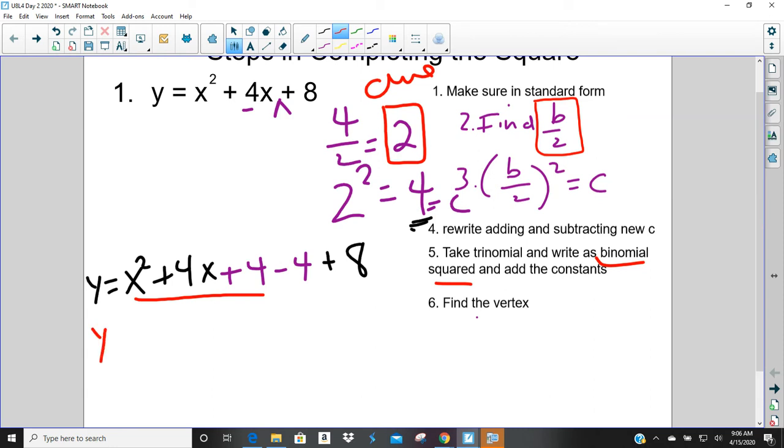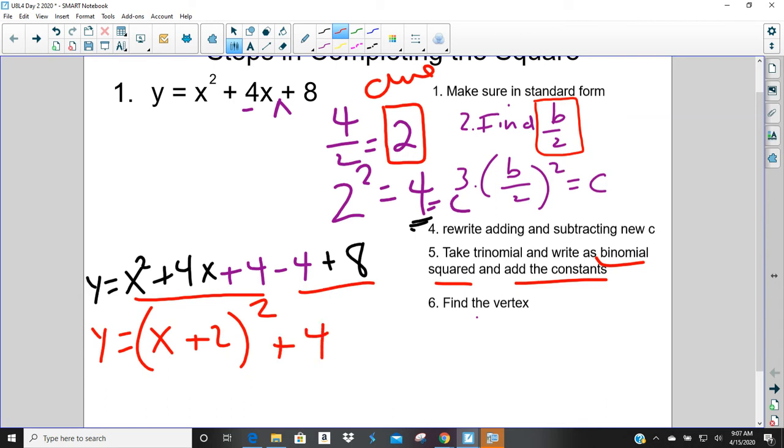I'm going to write y equals, and using my clue in red, x plus 2. I didn't even have to think. I went right up to my clue, and my binomial squared is going to be my clue in the box. I'm going to do x plus 2 squared, and then I'm just going to add the constants. Negative 4 plus 8 is plus 4.